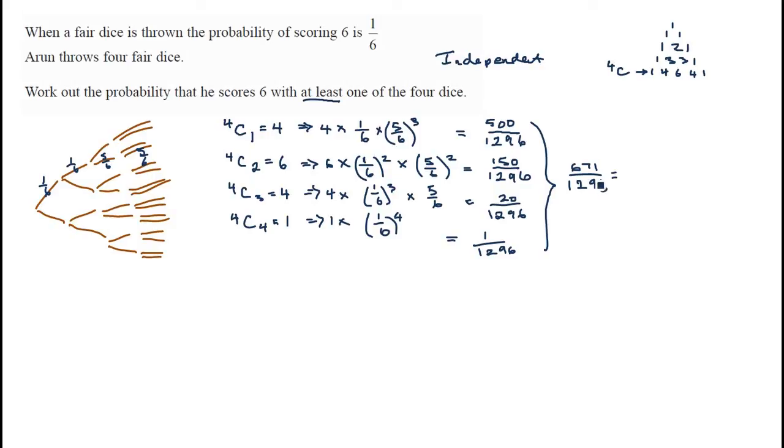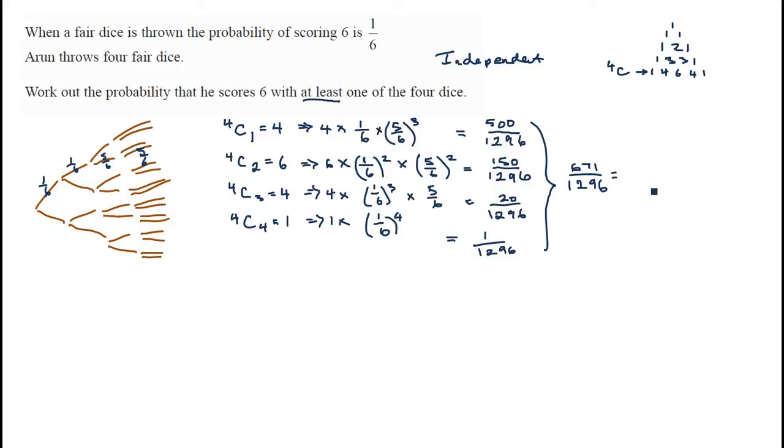And checking on the calculator, what have I got? So let's just clear that. 671 divided by 1296. It doesn't say that we have to do that, but just out of curiosity, that's 50, we'll call it 51.8%.